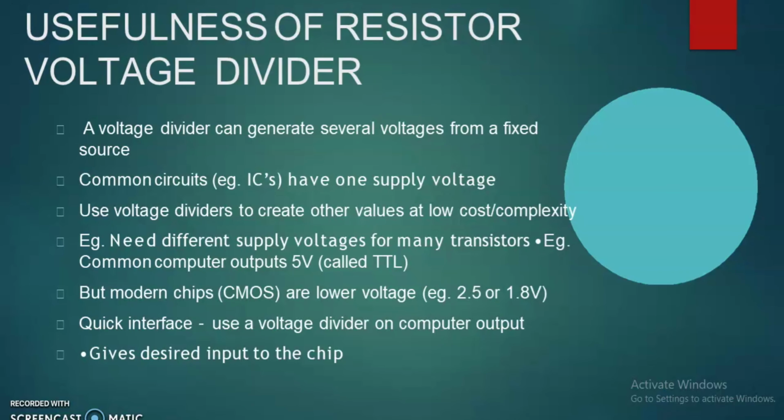Now, the usefulness of the resistor voltage divider. Resistor voltage dividers are commonly used to create the reference voltage or to reduce the magnitude of the voltage so it can be measured, and may also be used as signal attenuators at low frequencies. For direct current and relatively low frequencies, a voltage divider may be sufficiently accurate if it is made of resistors.